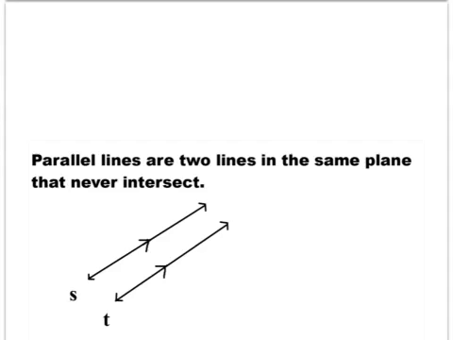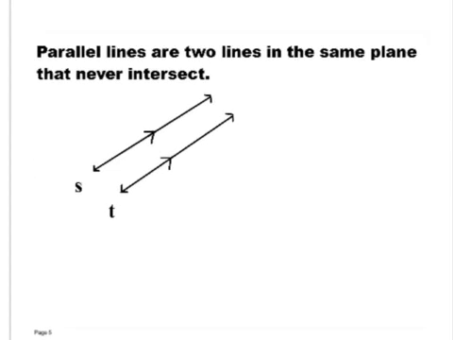Alright, write this down. This is the definition of parallel lines. Parallel lines are two lines in the same plane that never intersect. They will never cross. You can tell that they're parallel because they have these arrows. Those two arrows say they're going in the same direction. So if I want to say line S is parallel to line T, I'm going to draw two parallel lines just like that.